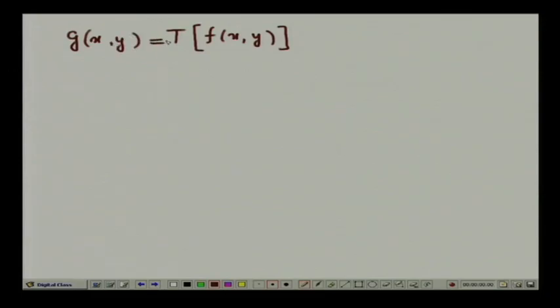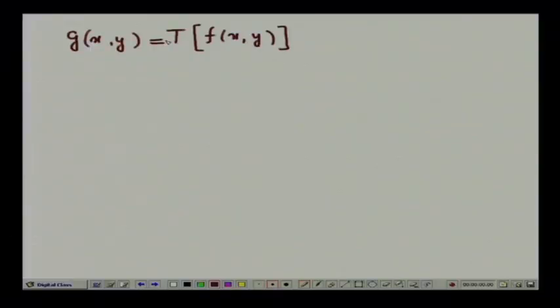And what will be the nature of this output image g(x, y)? That depends upon what this transformation operator T is. In the point processing technique, we have said that this transformation operation T operates on a single pixel in the image, that is, it operates on a single pixel intensity value.